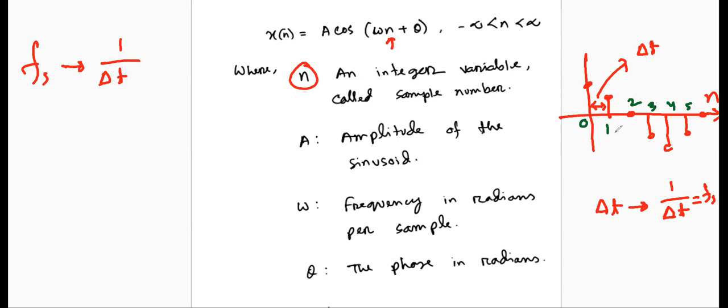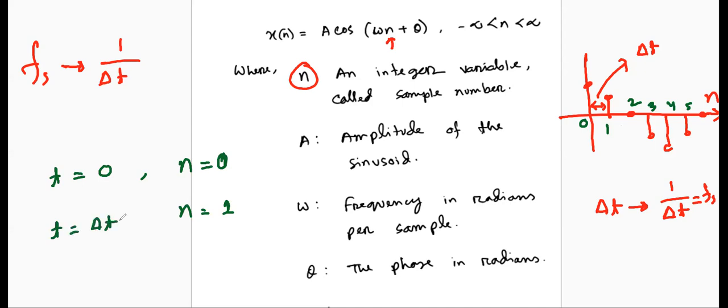So how is n related to the value of t? How can we relate those things? When t is the total time, at the beginning t is equal to 0, and this is at n equal to 0. When n is equal to 1, t is equal to what?